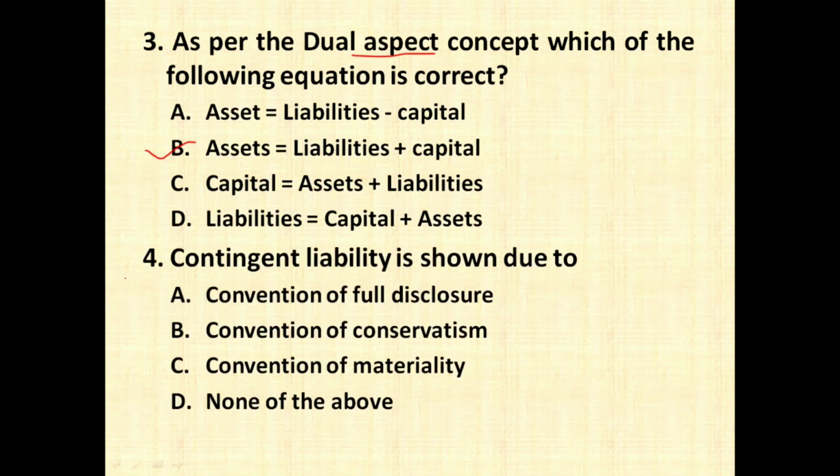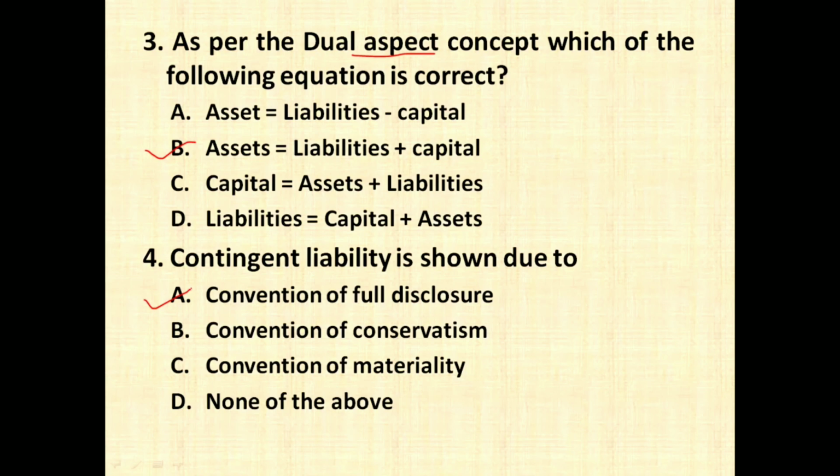The next question is, contingent liability is shown due to. So as per which convention is the contingent liability shown? Usually we show all the details in our annual reports, that is the trading and profit and loss account and balance sheet, because of the convention of full disclosure. It says that everything should be disclosed in detail.